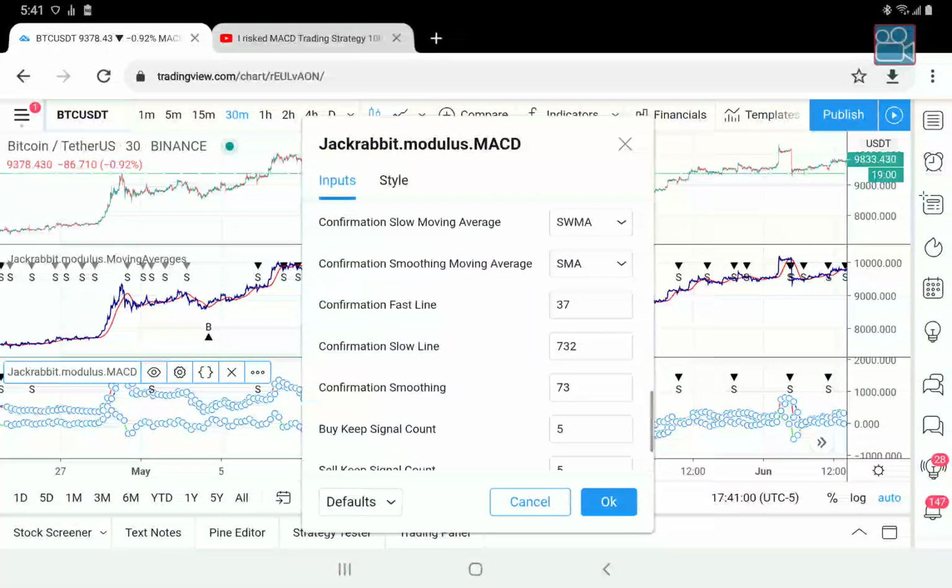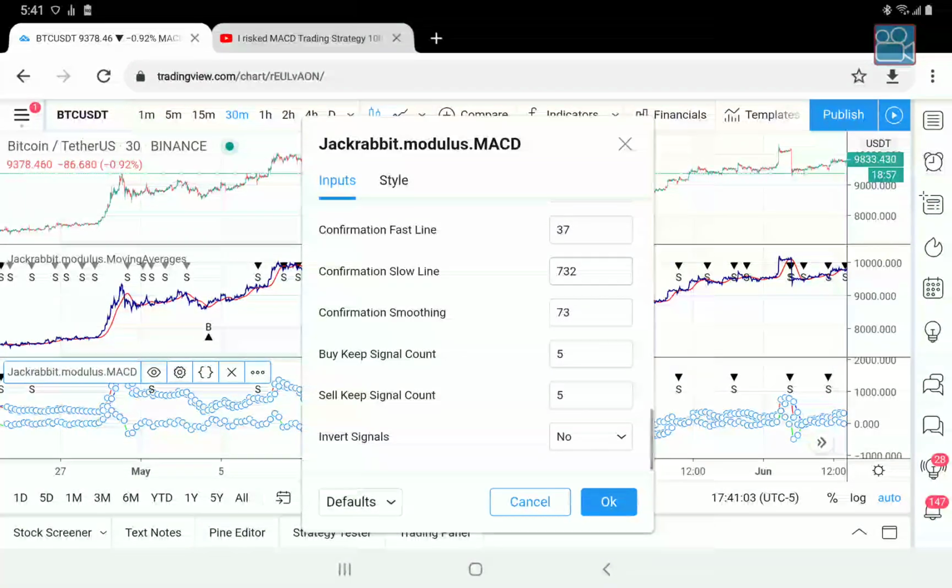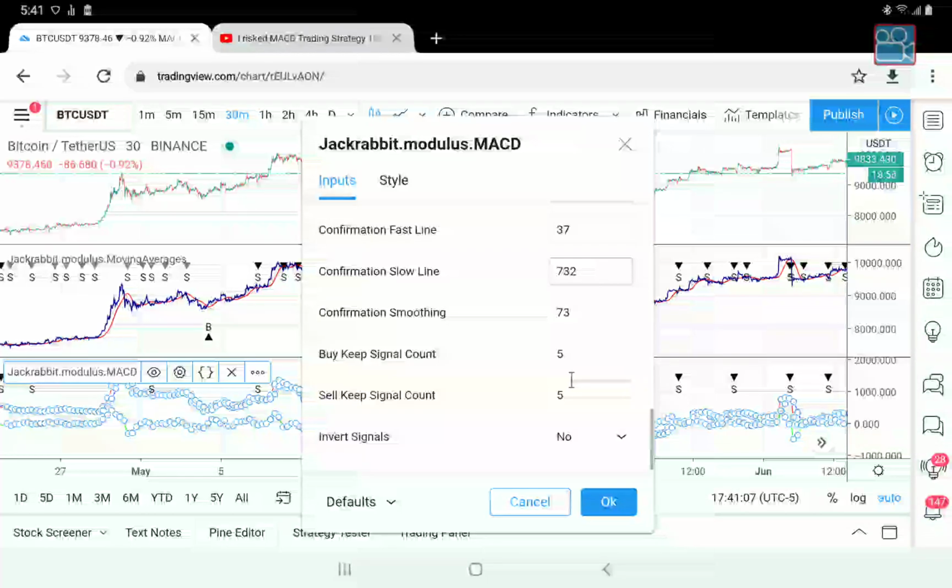The only other exception is down here. I kept the buy signal for 5 and I kept the sell signal for 5. The reason I have these set is for alignment between the two different modulus components. So 5 and 5 means hold on to the signal for 5 candlesticks. That gives you an alignment of the moving average.